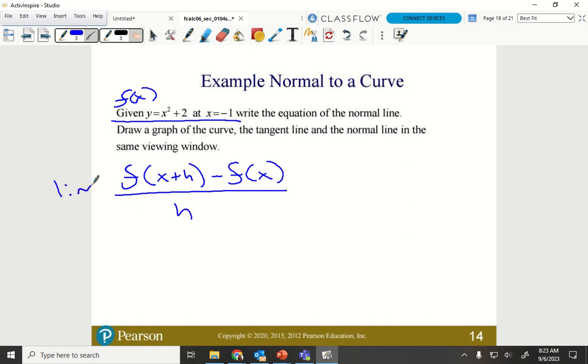Plug that in using that equation, and x at -1. X equals -1. So you're going to have to do some expanding.